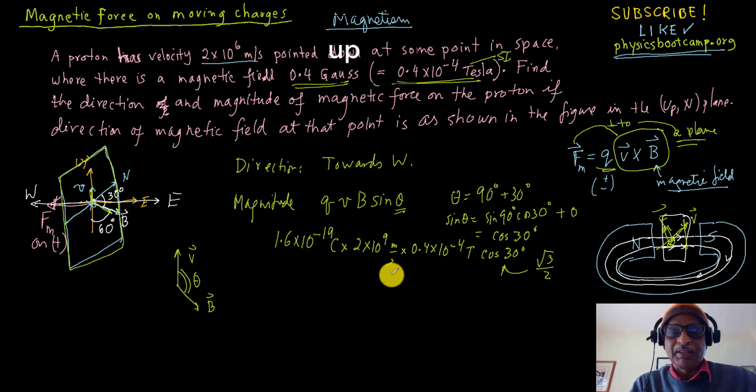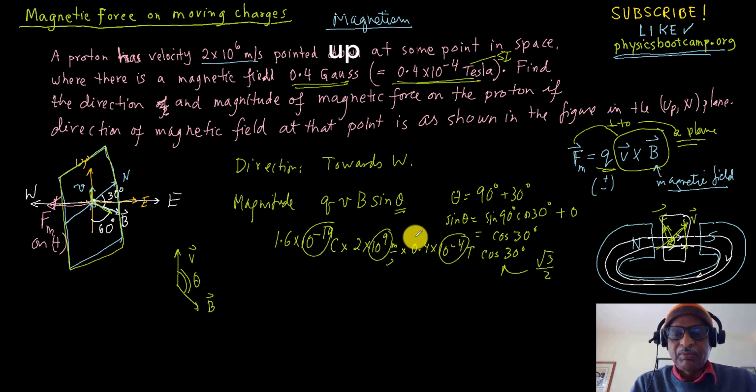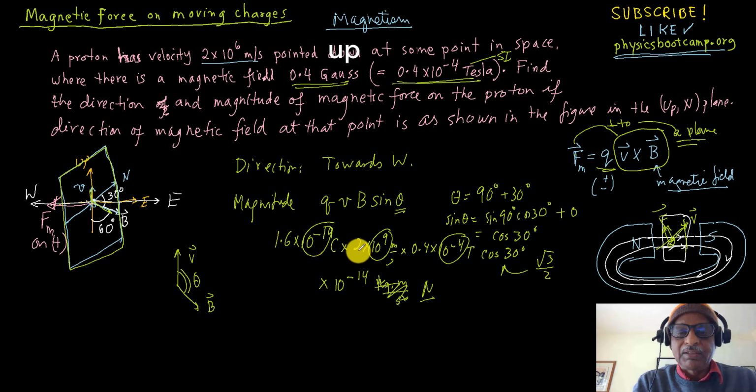You can just multiply this. I usually like to multiply all the factors of 10 together. So this is times 10 to the power minus 19 plus 9 is minus 10, minus 4, minus 14. The units are kilogram meter per second squared, the same as Newton. And the number is 1.6 times 2 times 0.4 times square root of 3 over 2.